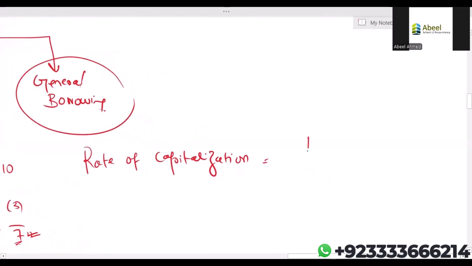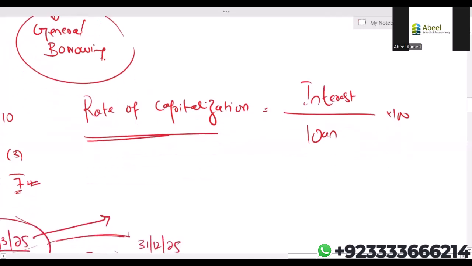We have to take the interest and divide by simply the total loan amount. Into 100 will give you a percentage. Let's say you have calculated the rate of capitalization. Now, how do we calculate borrowing cost capitalized?